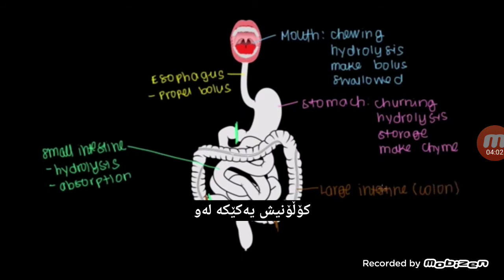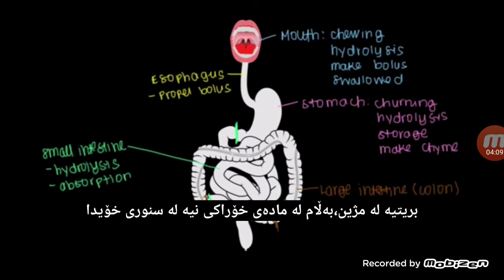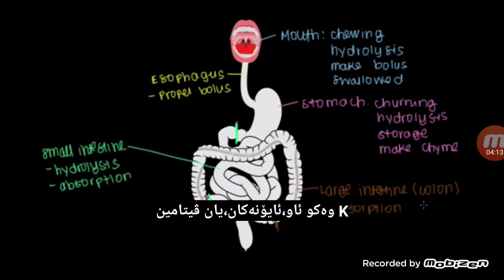So the colon is also one of the more boring parts of the GI tract, because really all we have going on here is absorption, but not of nutrients per se, more like things like water or ions or vitamin K. Just things like that are absorbed in the large intestine, so not a very high yield place for acquiring nutrients.